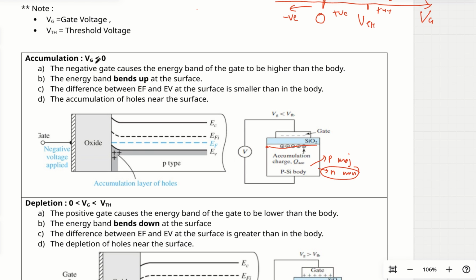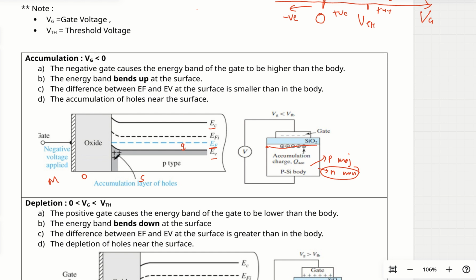In the accumulation mode, this is the gate, the metal, oxide and semiconductor, and these are the conduction band, valence band and the Fermi level. Since it's a p-type semiconductor, the Fermi level is closer to the valence band.